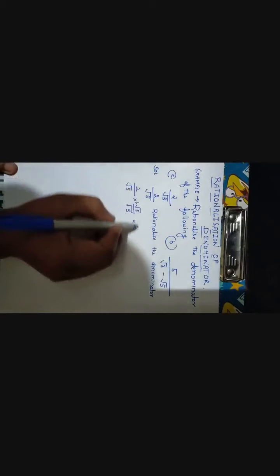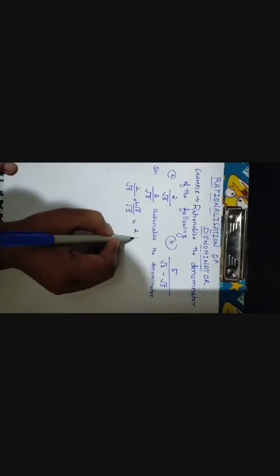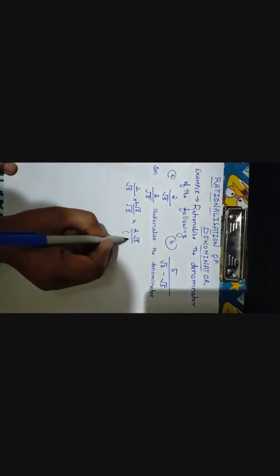We get 2 square root 5 upon square root 5 whole square.